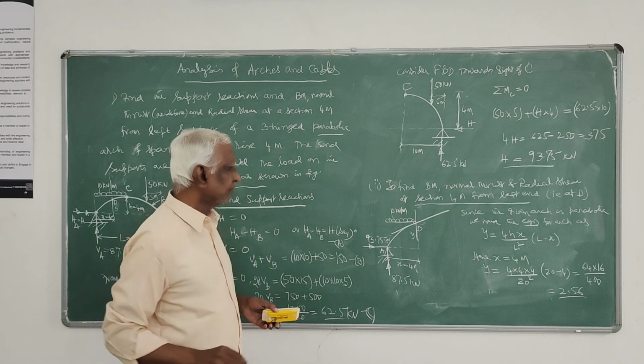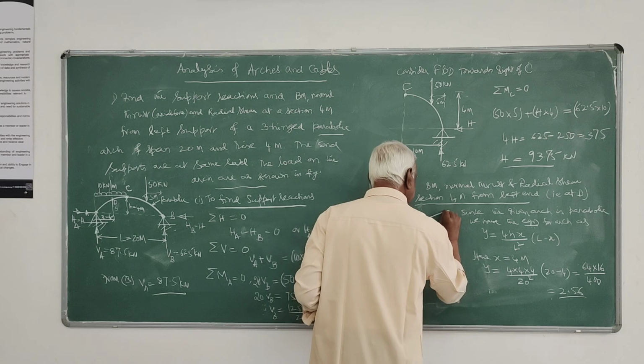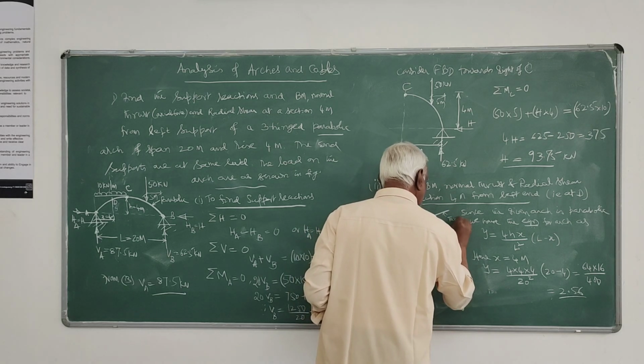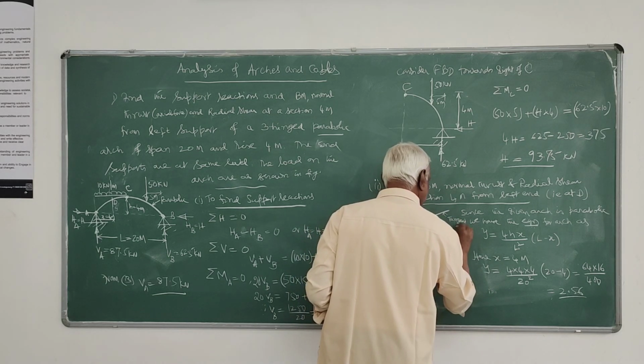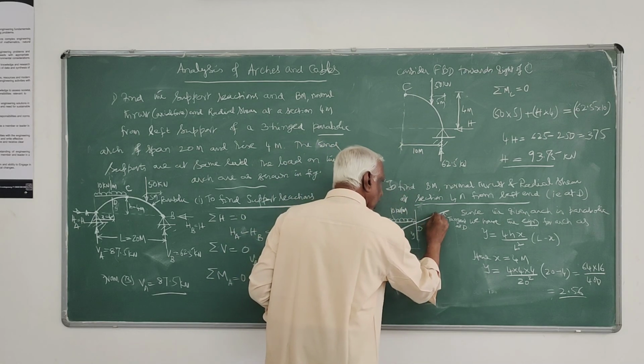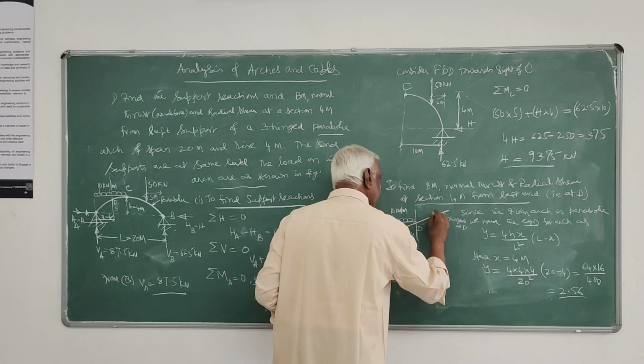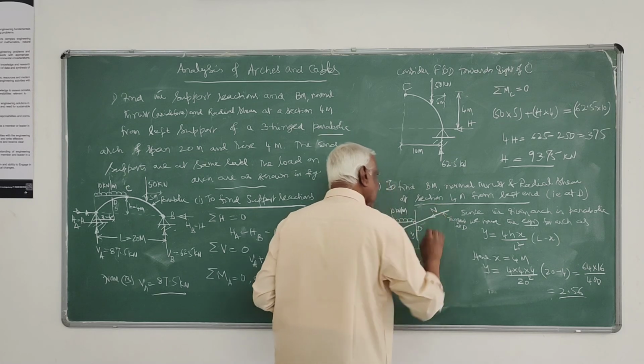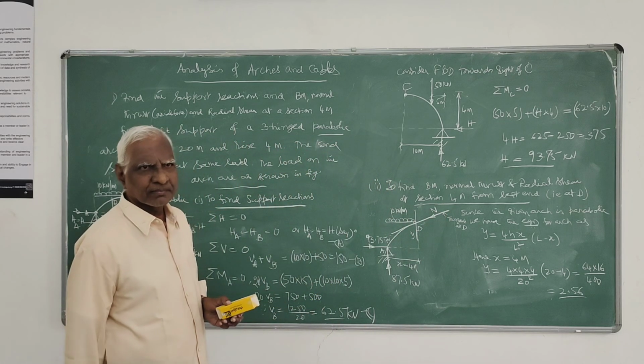And also at this point, we have to draw a tangent at that point. This is the tangent at D. The force along this tangent at D is called normal thrust.